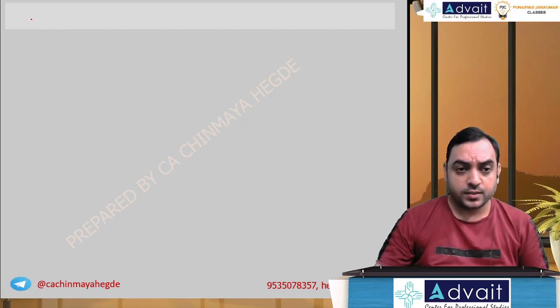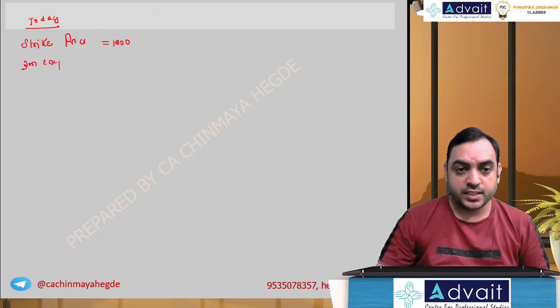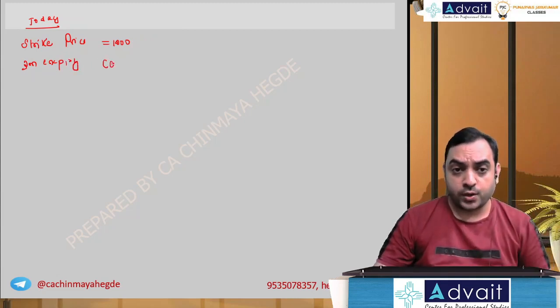Let's say today, strike price, a simple example I'll take, let's say 1000, and you're looking at a 3 month expiry, or 3 month futures. You became a call option holder.